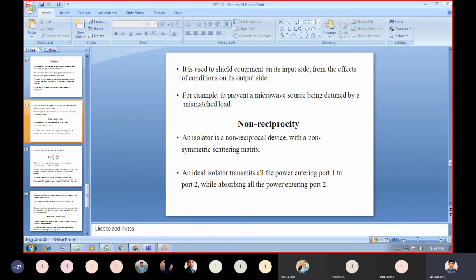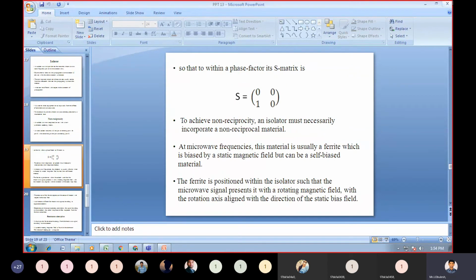So, to within a phase factor, its S matrix is S equals 0 0 1 0 0 0 1 0.